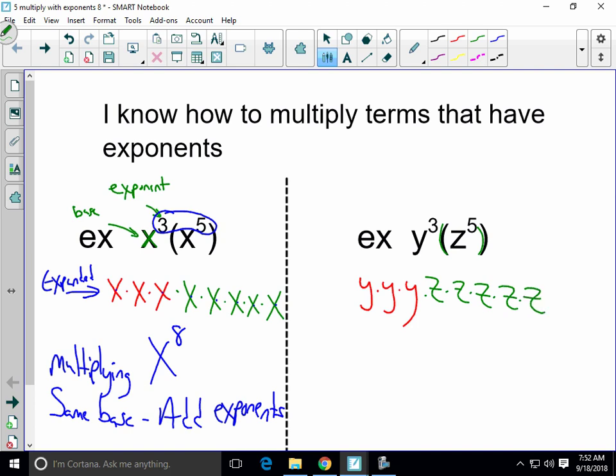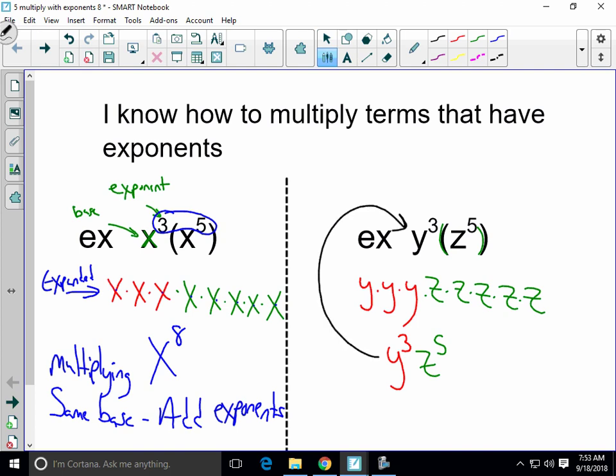Now if I try to simplify this, I have different variables, different letters. So I can group the y's together. I have y times itself 3 times, so that's y to the third. Again, not the same as 3y. And I have z to the fifth, not the same as 5z. Oh, that was pointless. It's the exact same thing that we started with.